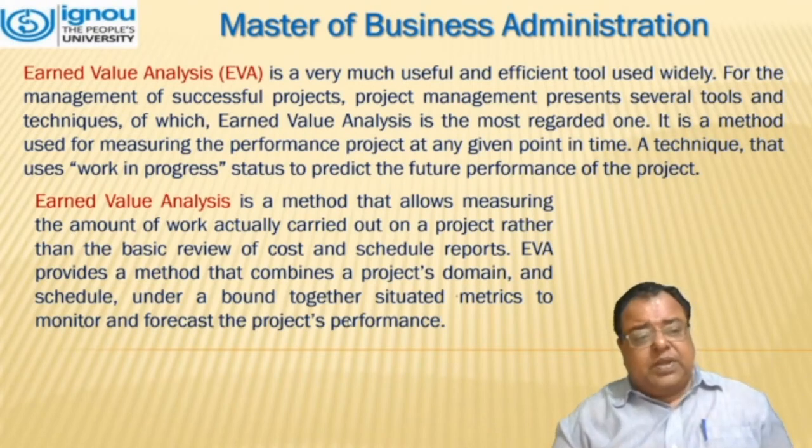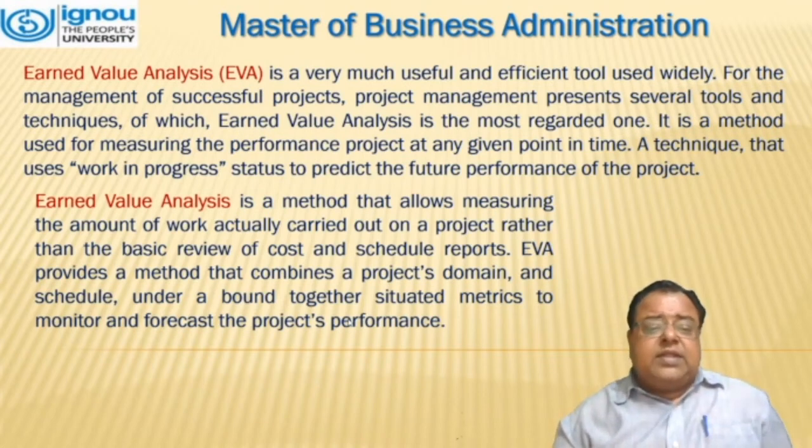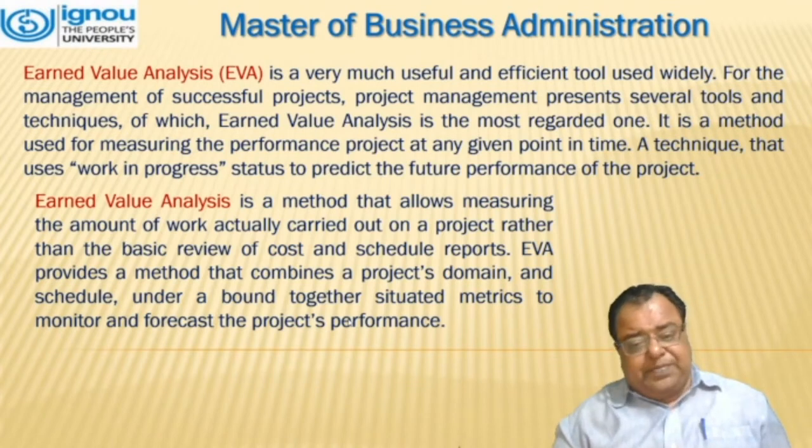of the project. Earned value analysis is a method that allows measuring the amount of work actually carried out on a project rather than the basic review of cost and schedule reports.